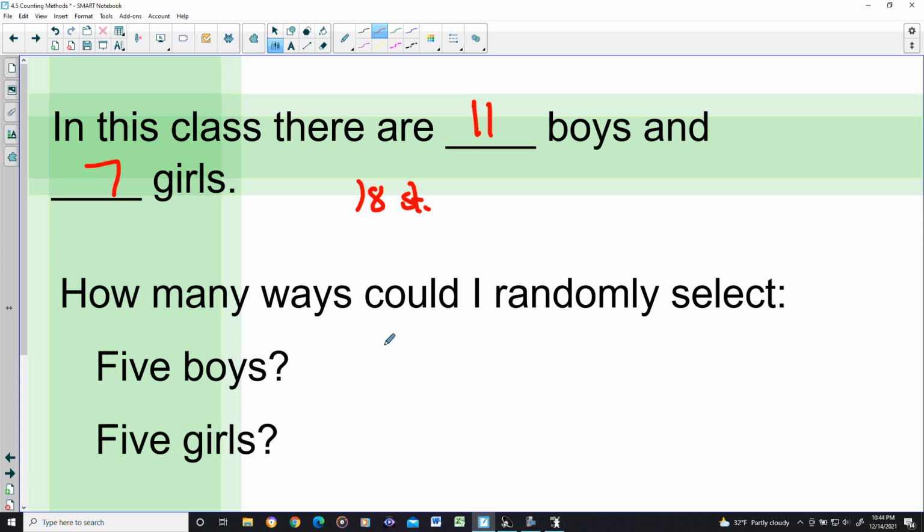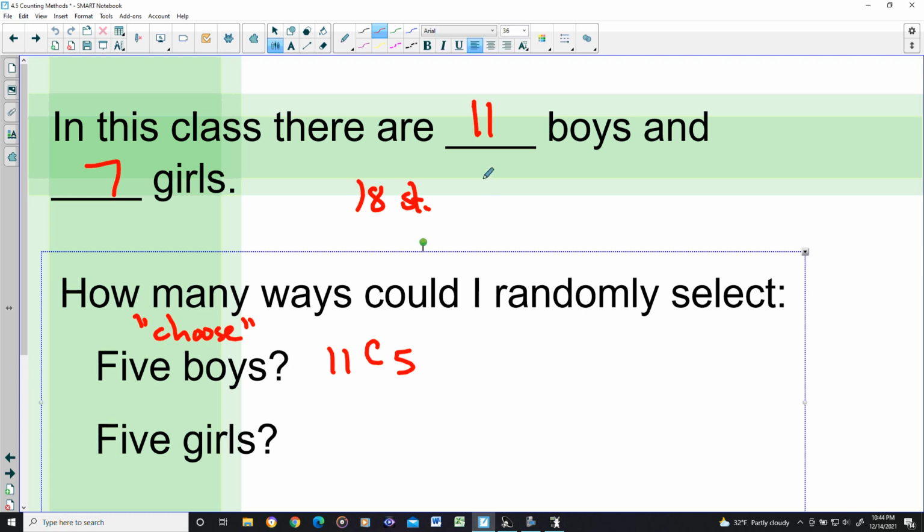If they can occur in any order, 11 choose 5. I have a total of 11 boys, and I'm choosing 5. The C stands for combinations, but also choose. The word choose works here because we're choosing any 5 of those 11.